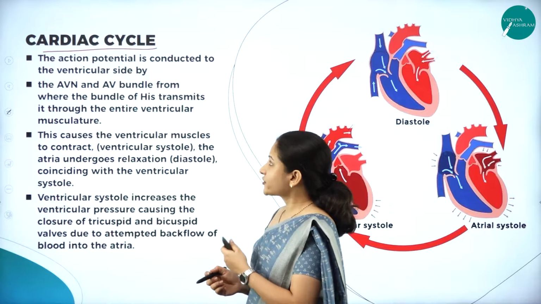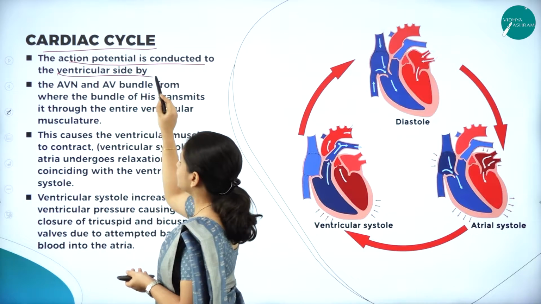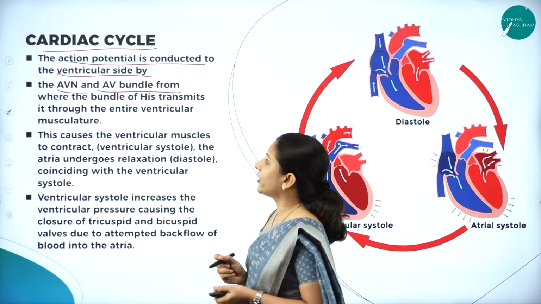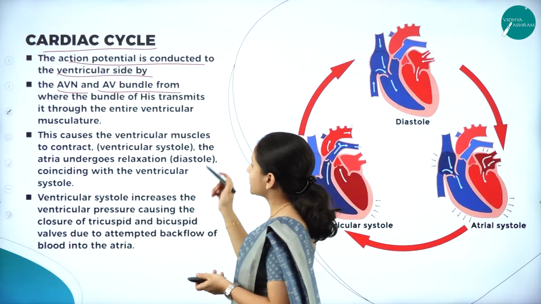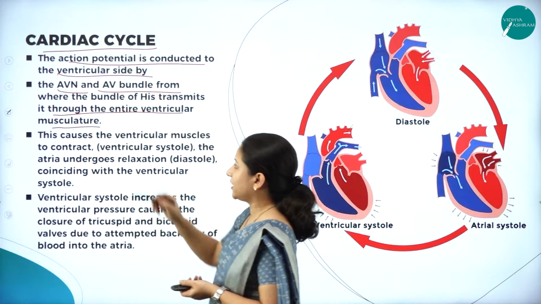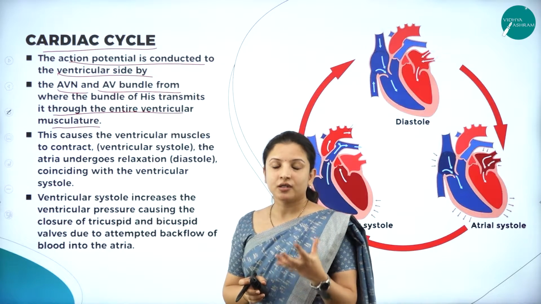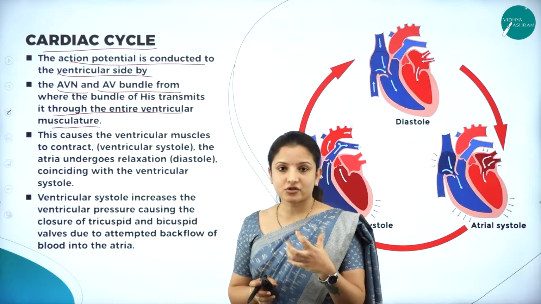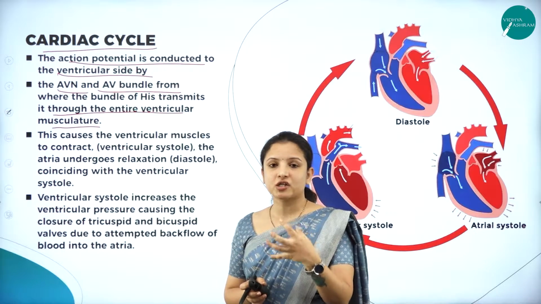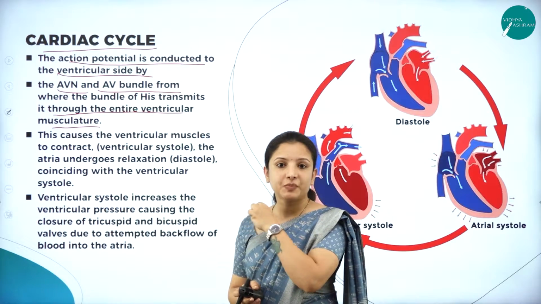So here the action potential is conducted to the ventricular side by the AVN and the AV bundle, from where the bundle of His actually transmits it through the entire ventricular musculature. The heart is actually a muscular structure, right? So it is in the entire ventricular musculature that the action potential is being conducted.